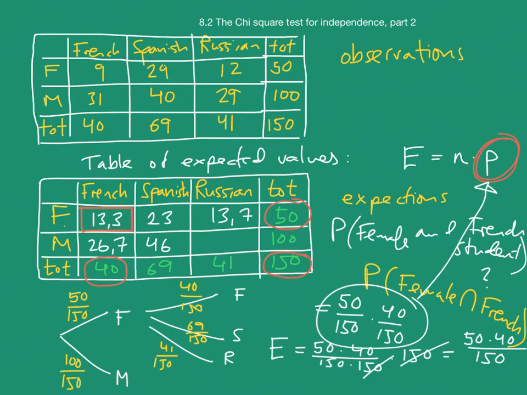And 41 multiplied with 100 divided by 150 is 27.3. So now we have a table of expected values.